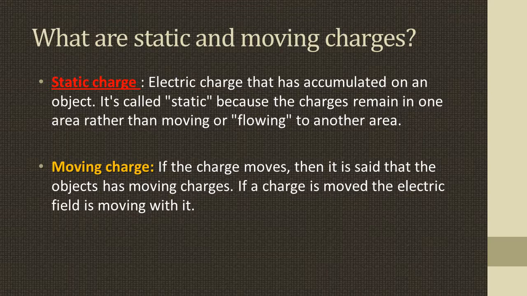It is called static because the charges remain in one area rather than moving or flowing to another area. Now let's see moving charge. If the charge moves, then it is said that the object has moving charges, and if a charge is moved, the electric field is moving with it.